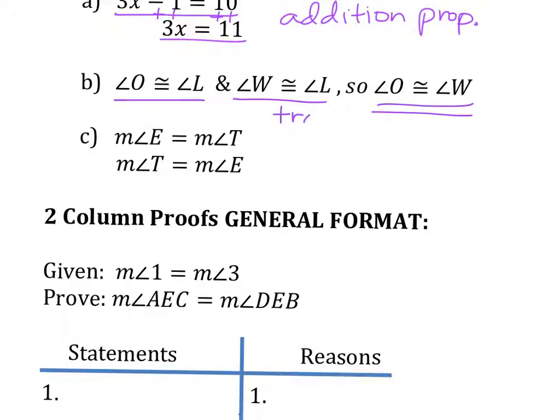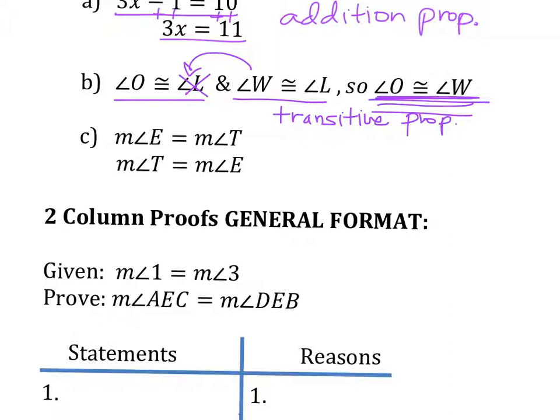Tell me it is the transitive property. Or you could call it what? Substitution, right? If I know that W is the same as L, then I can take out the L and put in the W, so it looks like that. So it could technically be substitution.